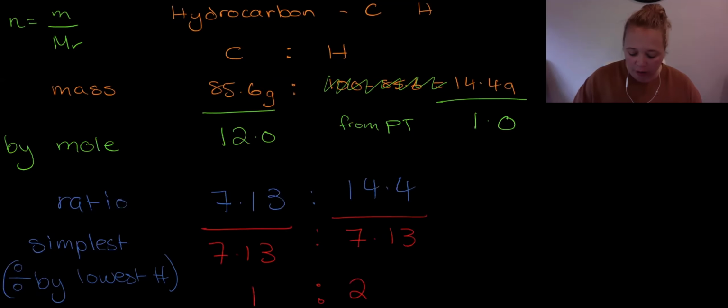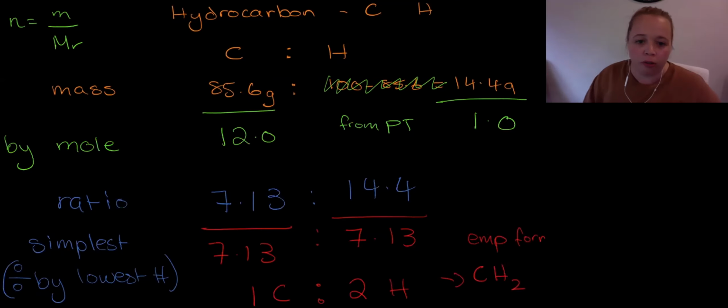So there's a ratio of 1 carbon to 2 hydrogen. If we write that out as the empirical formula, we get CH2, and that's the empirical formula of this hydrocarbon. I'm going to stop that one there, and then I'll do another video with another example.